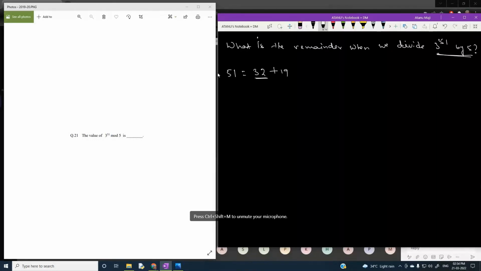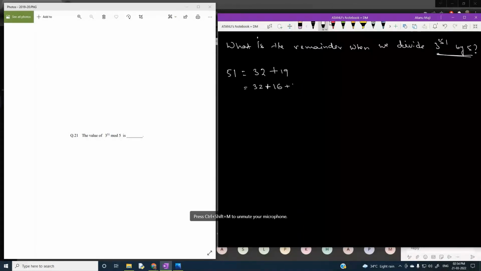So you have to again convert this 19 in terms of the power of 2. The nearest power of 2 to 19 will be 16, क्योंकि 19 के बाद आएगा 32, उससे पहले है 16. So definitely we should take here 16. The remainder extra we are getting should be 3.